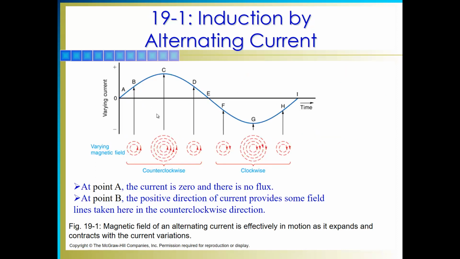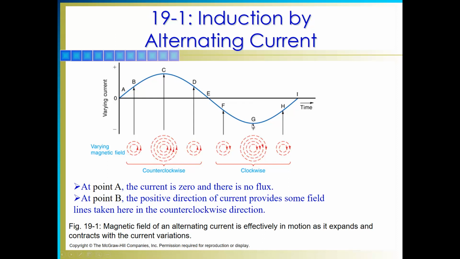Here is an example. If this is the sine wave of the current, remember that when we learned about alternating current, it started from 0, goes up to the maximum value of current, and then goes back to 0 and into the negative values.